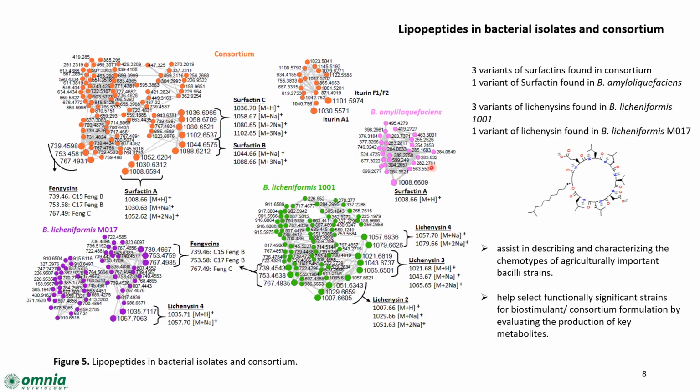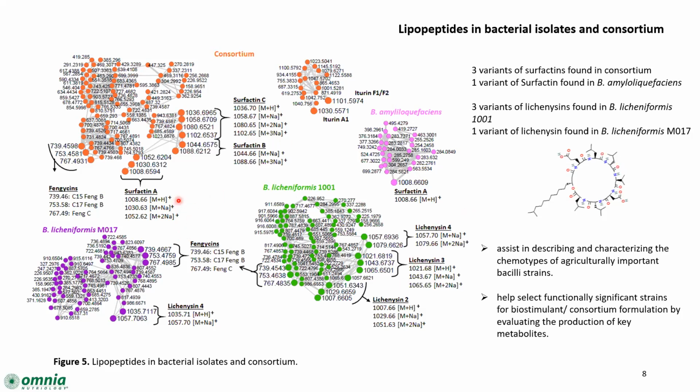As you can see over here, this network shows that the lipopeptide profiles in these different individual strains are different from the consortium. And furthermore, I was able to annotate different variants of the surfactin as well as of the lichenysins.